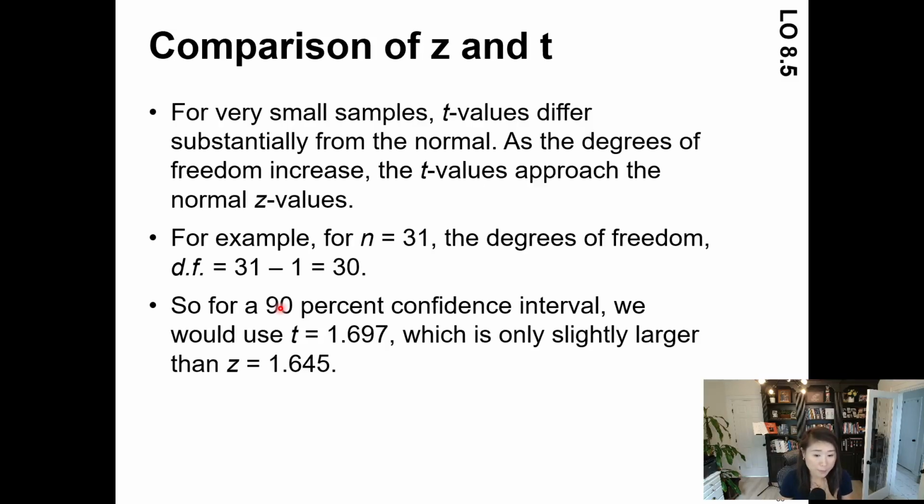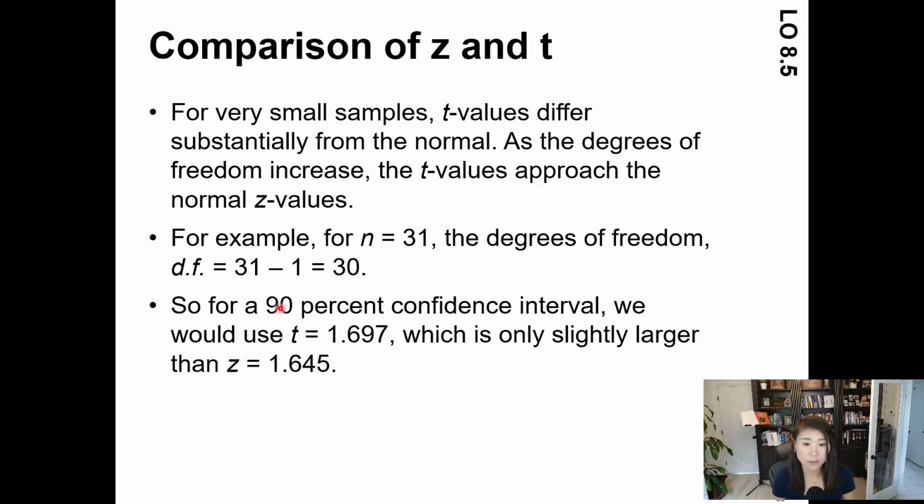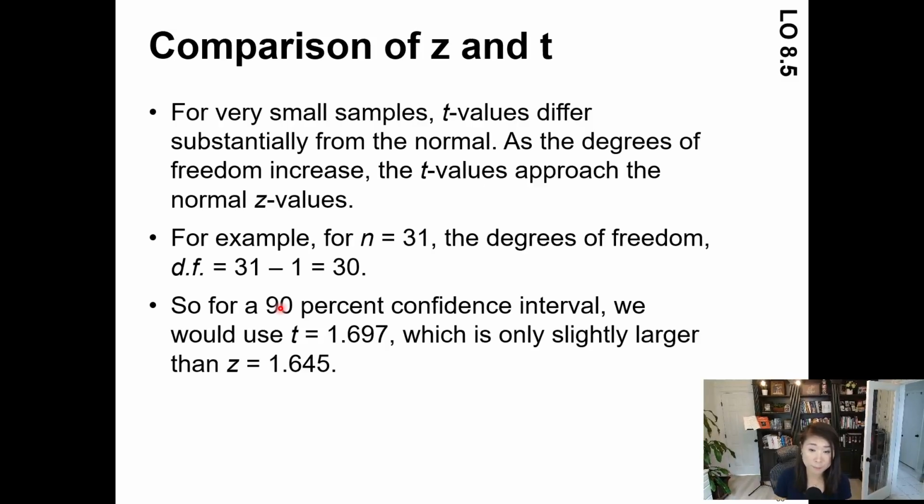For a 90% confidence interval, we would use t equal to 1.697, which is only slightly larger than the z-score, 1.645. But if you reduce the sample size from 30 to 10, you will be able to see the difference. Later, in a computer skill lecture, we will play around with the n size to show you the differences between the z-score and the t statistic.